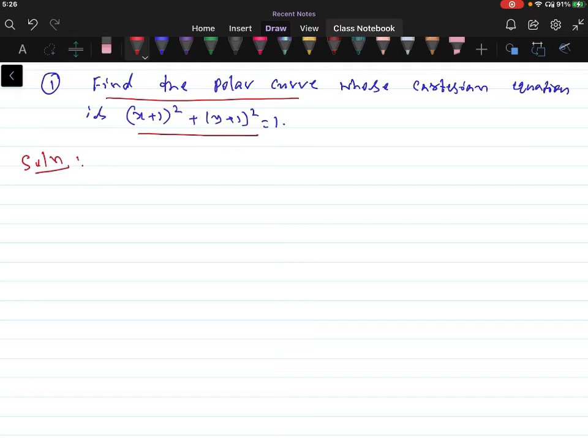So we know that x = r cos θ and y = r sin θ. So these are the Cartesian coordinates in terms of the polar coordinates r and θ.